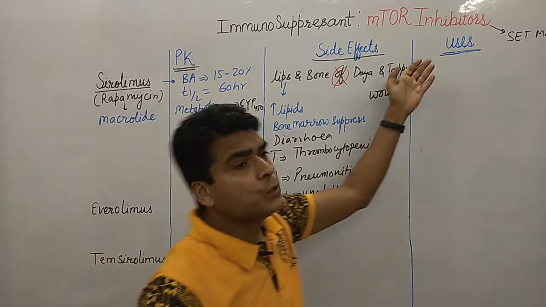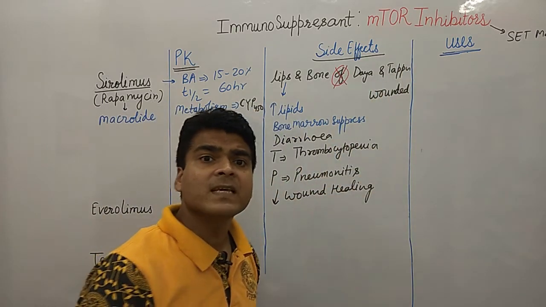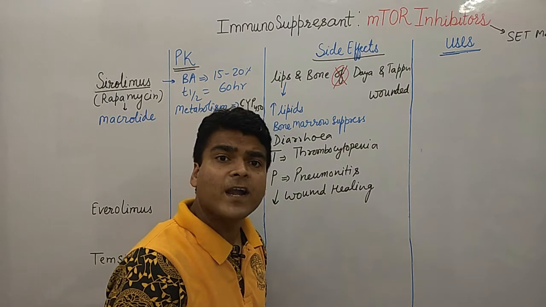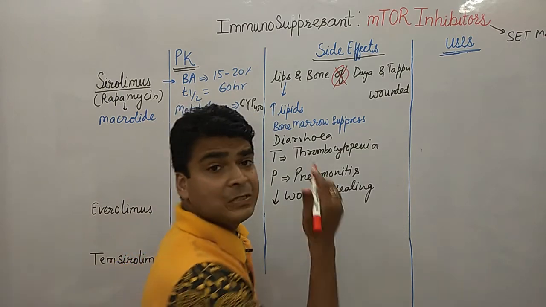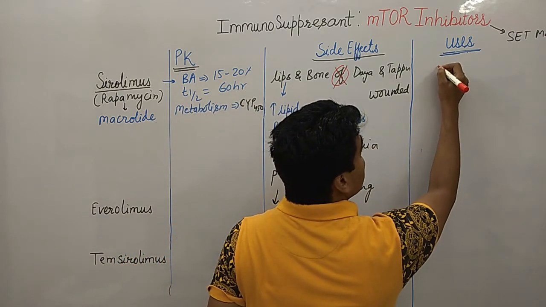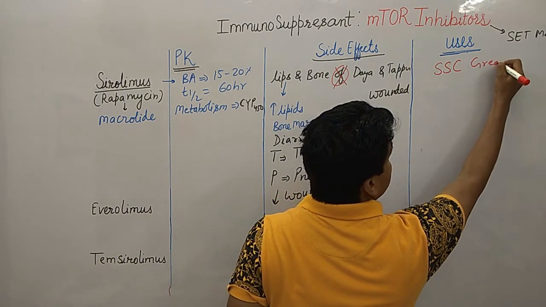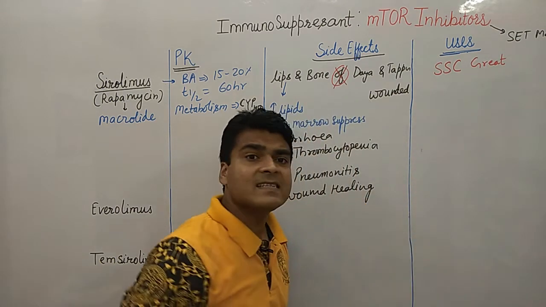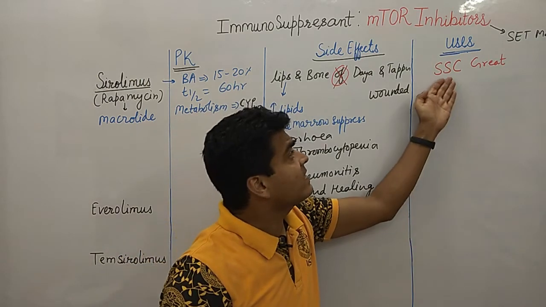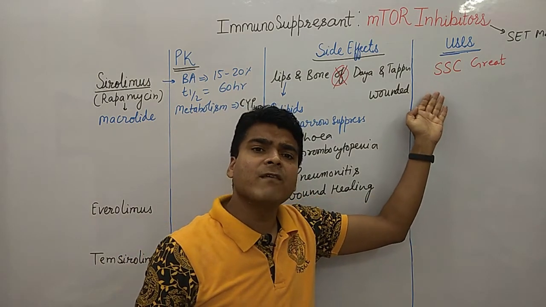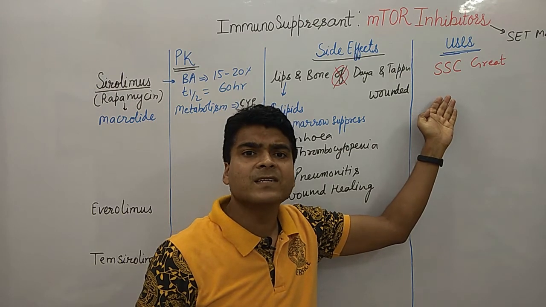Now looking at the uses, again I am giving you a trick or mnemonic to remember them. The uses can be remembered by SSC GREAT. SSC means Staff Selection Commission. You know very well, this is a government examination in India.